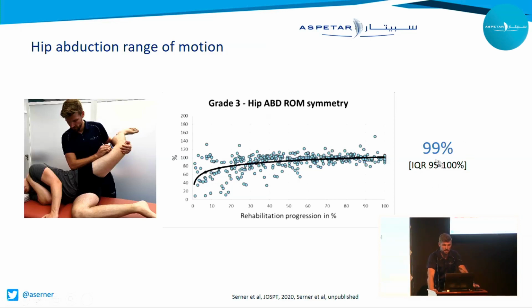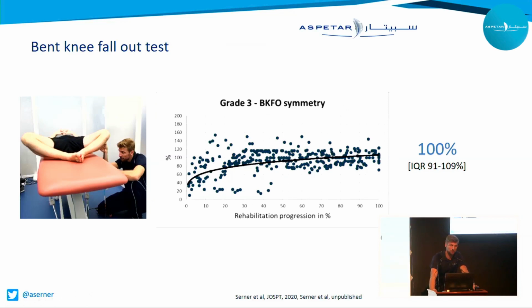Here in the end, they had almost clear symmetry, what we consider symmetry, for their hip abduction range of motion. So that's not really a concern in these players. In general, not something we need to worry about.